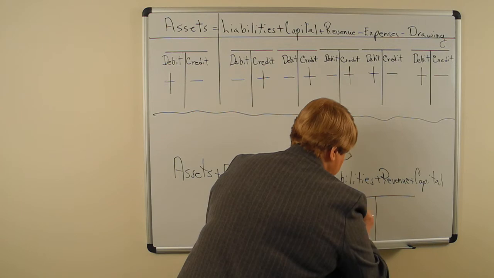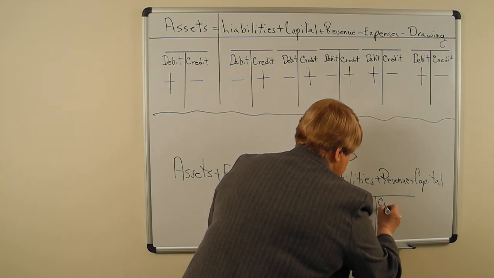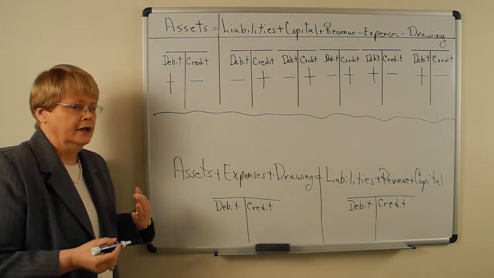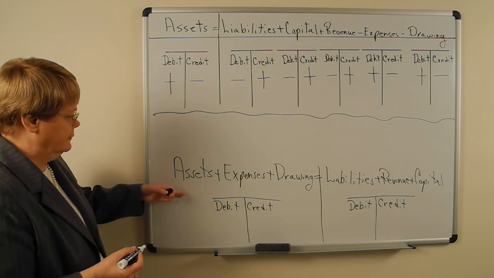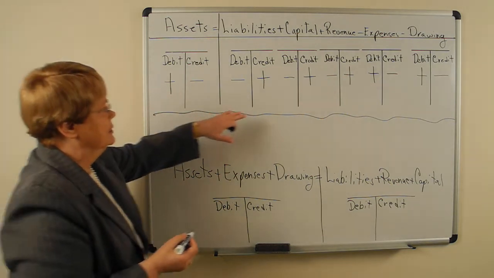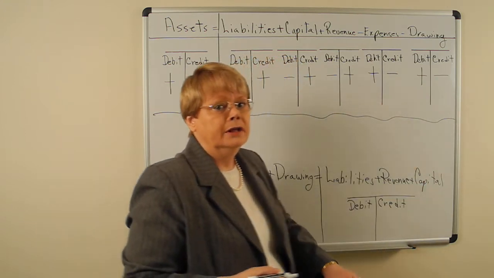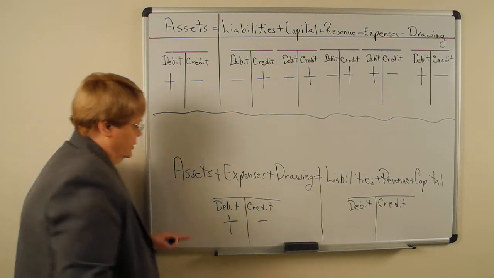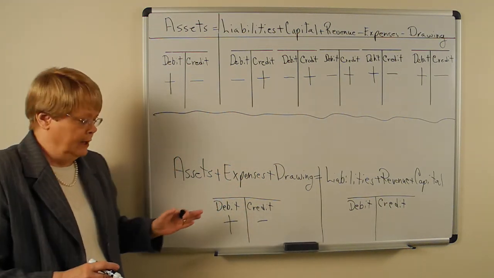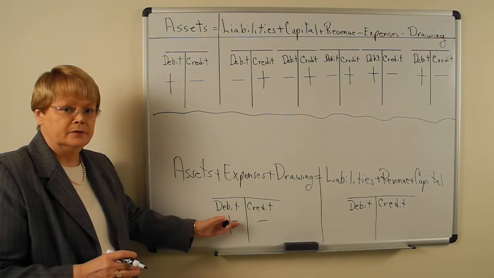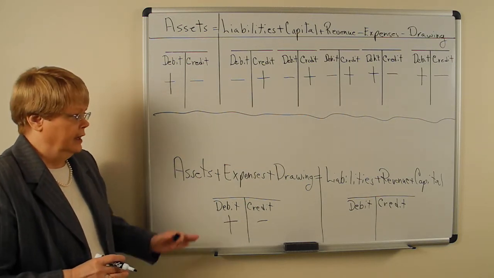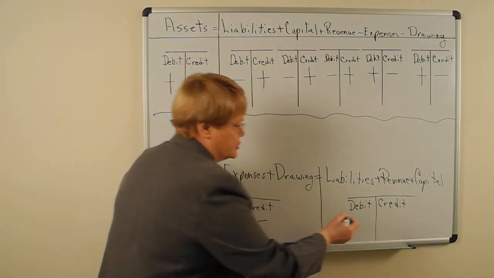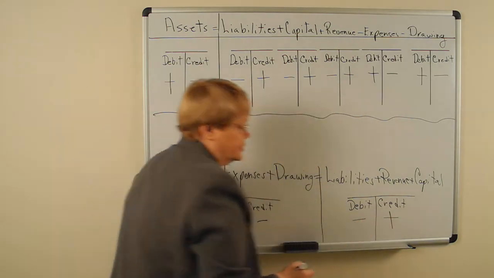Alright, if we look up there as to how the accounts are increased and decreased, we see that everything on this side, assets, expense, and drawing, are all increased with a debit and decreased with a credit. So everything on this side of the equation in this format is increased with a debit, decreased with a credit. Makes it a little bit easier, doesn't it? And over here, these haven't changed. Liabilities, capital, and revenue are increased with a credit, decreased with a debit.